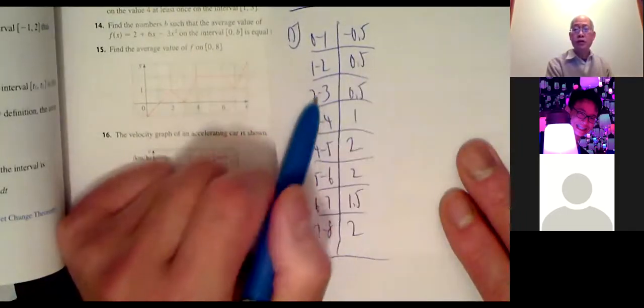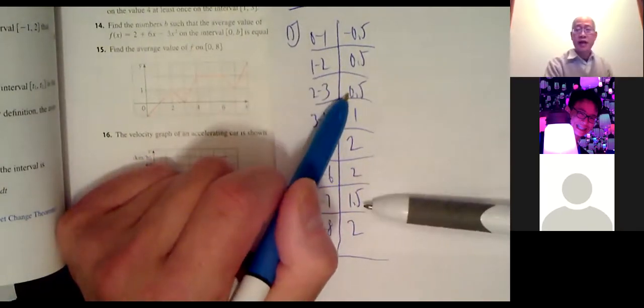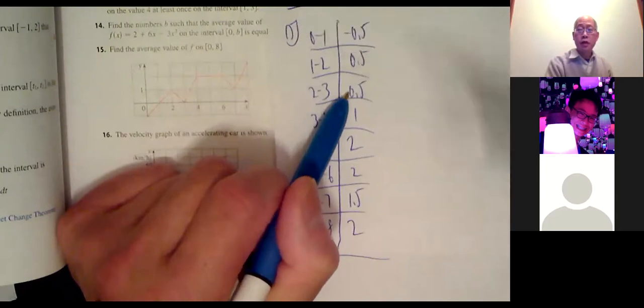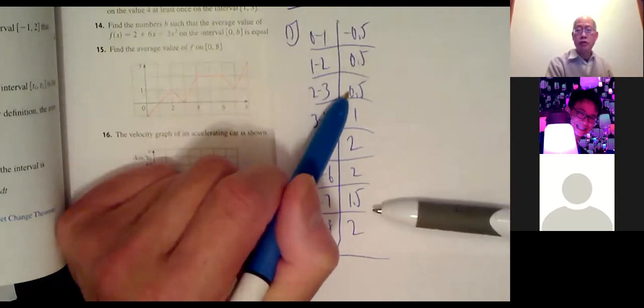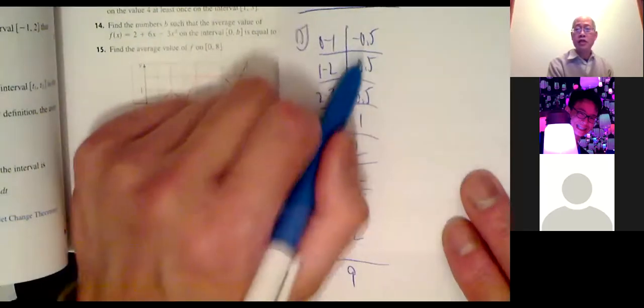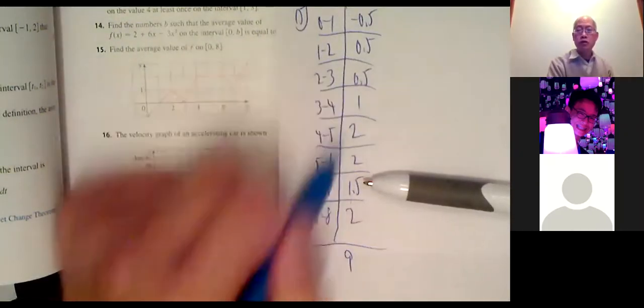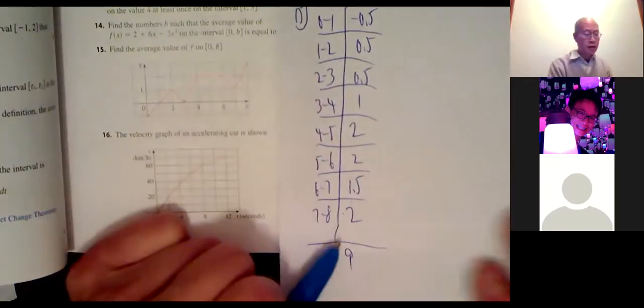These two cancel out. Let me get rid of the decimals. So ignore these two. These two combine to be 2, right? So 2, 4, 6, 8, 9. Grand total is 9.